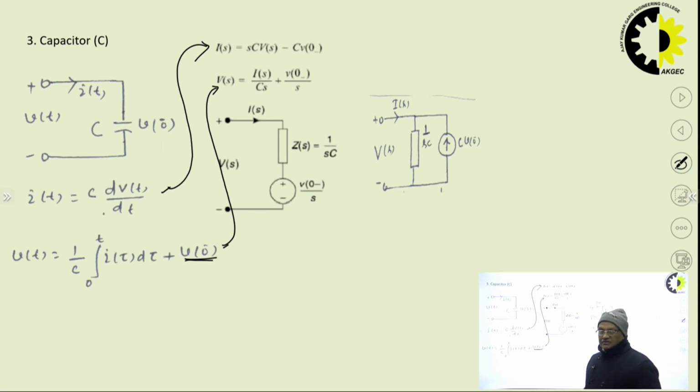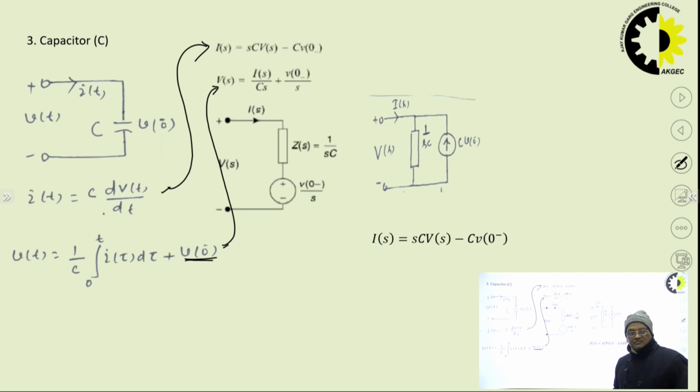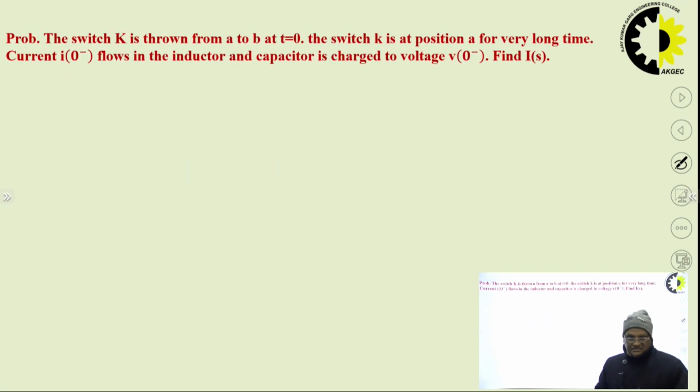We use this one when we are going to apply Kirchhoff's voltage law, and we use this one when we are going to apply Kirchhoff's current law, right? So these are some basics of using the Laplace transform for RL, RC and RLC circuits. Now let's do some problems.